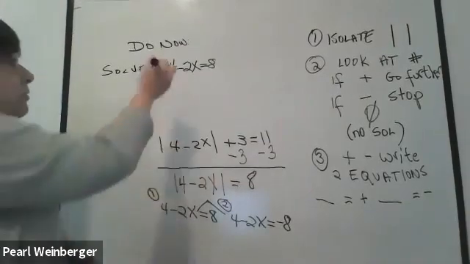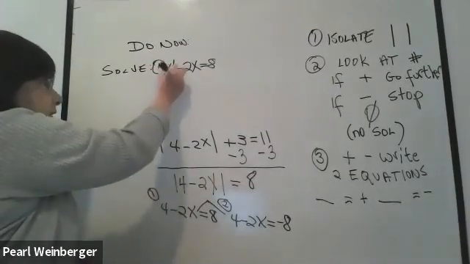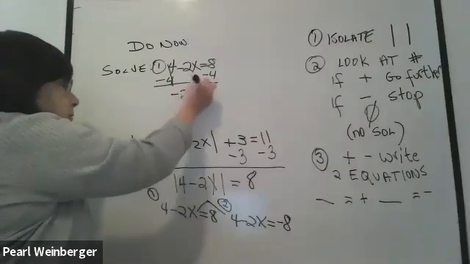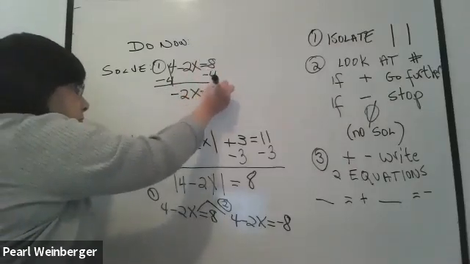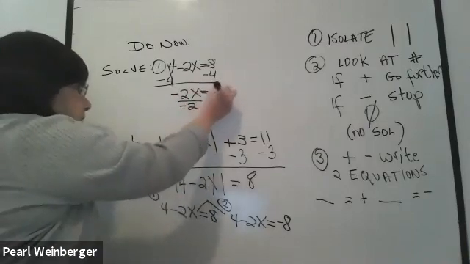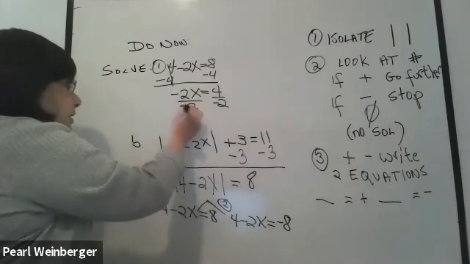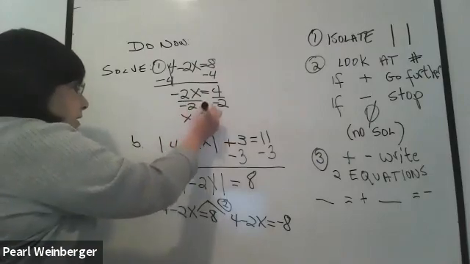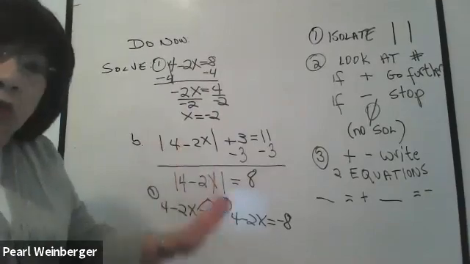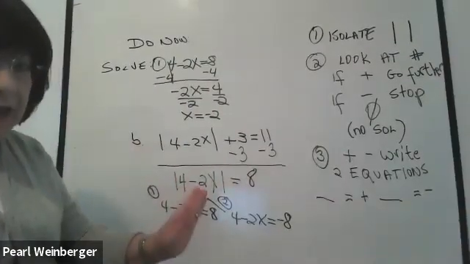I have to bring the 4 to the other side to get the x's alone, which will give me negative 2x equals 8 minus 4, which is 4. And I divide both sides by negative 2, so that gives me x equals negative 2. That is one solution. I'm not finished.